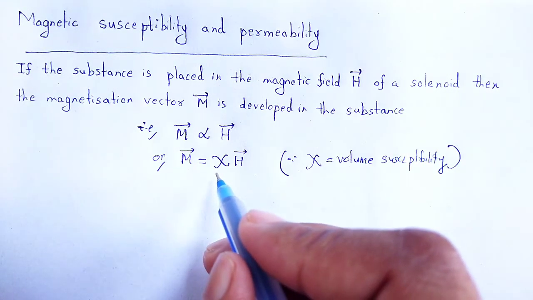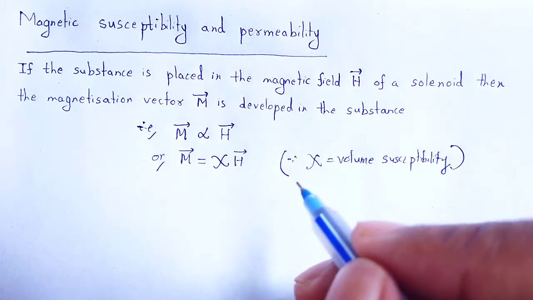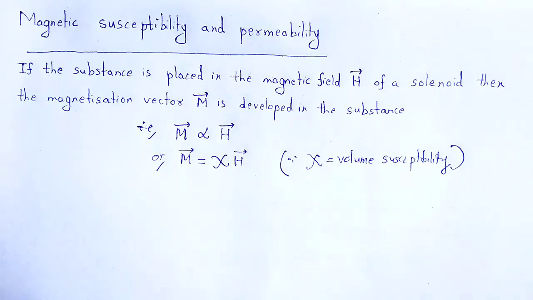That is, magnetic susceptibility determines how easily a substance can be magnetized.